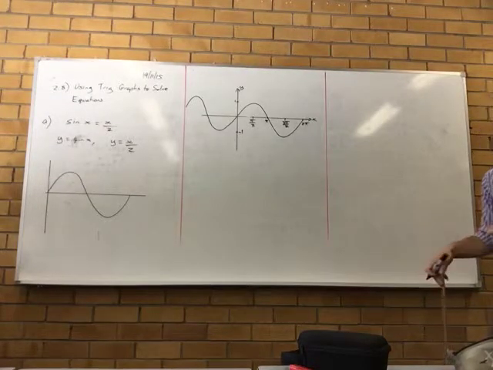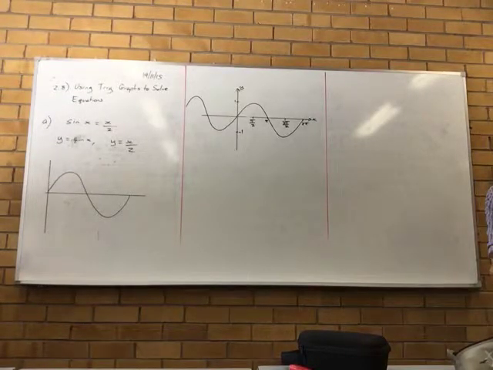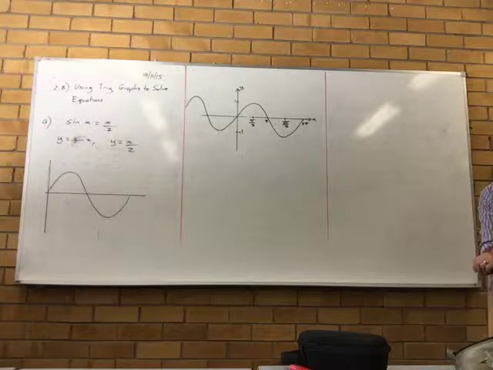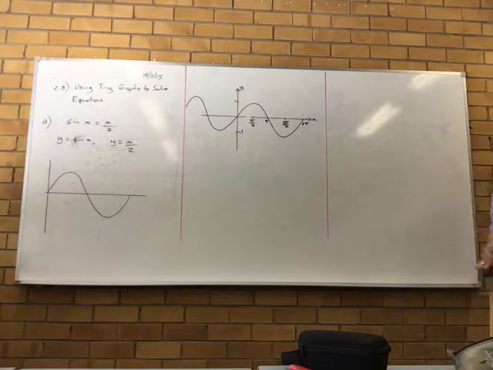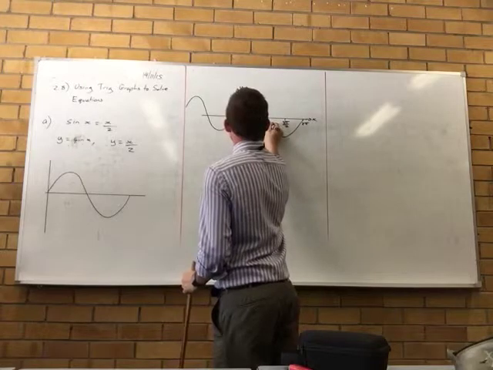Alright, what is pi on 2 approximately? Not sine of pi on 2. What is pi on 2 in decimal form? Not in degree form, in decimal. So in decimal form pi is 3.14.